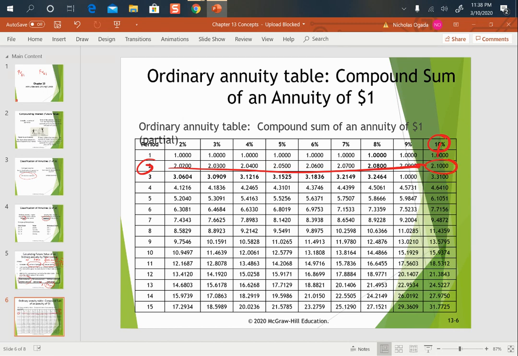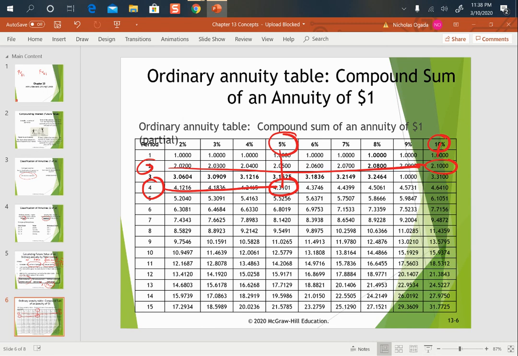However, if this was on a semi-annual basis within the same 2 years, then it changes our computation for I, because I is no longer 10%, your rate now is 5%, and your number of periods is no longer 2 years, you have a total number of periods of 4, and in that case, your future value interest factor for the ordinary annuity is going to be 4.3101 and not 2.1. Now you can see that changes.